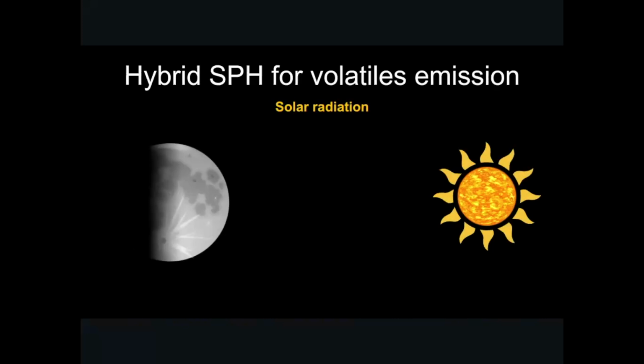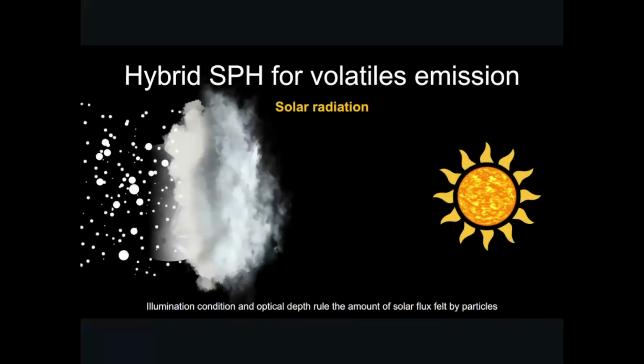So you may expect that if you surround the moon with vapor, the vapor can stay in the vapor state in the illuminated regions, while the icy grains component should dominate in the shadowed ones, where you also have lower temperatures over the surface. This again can be done by geometrical reasoning for the shadowed regions, and by considering the actual flux that each pseudoparticle, because we often call them pseudoparticles, sees according to its optical depth.